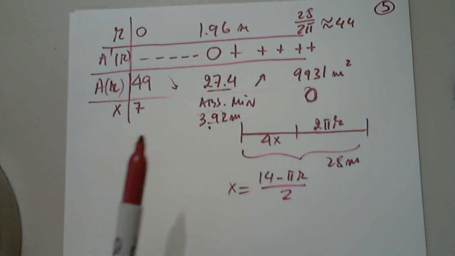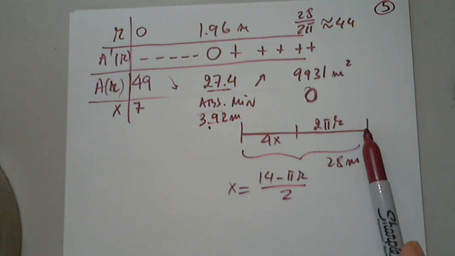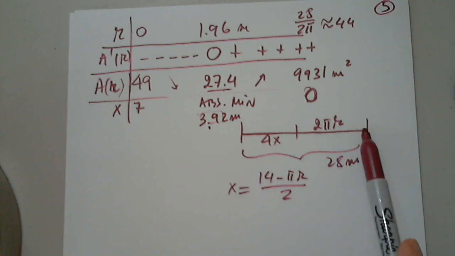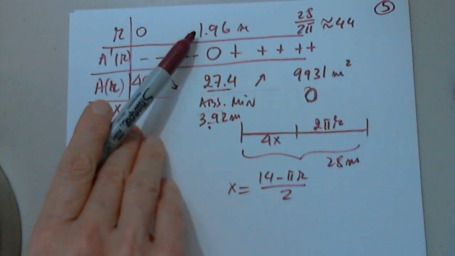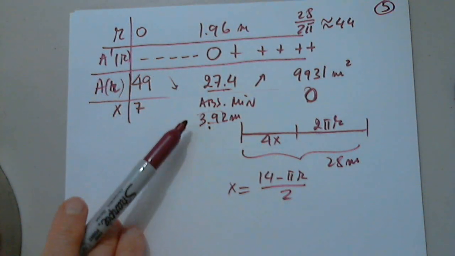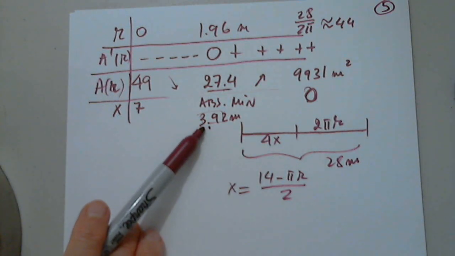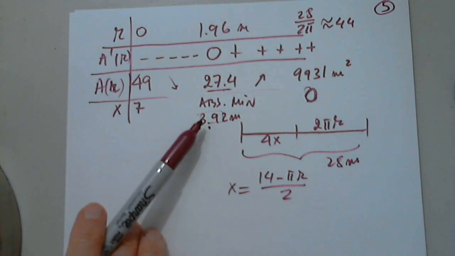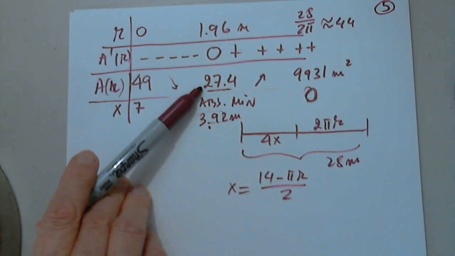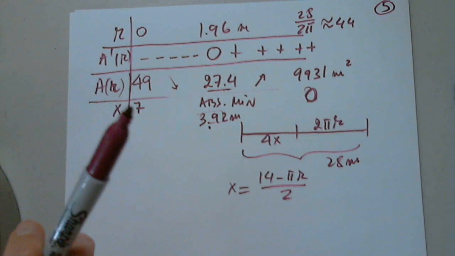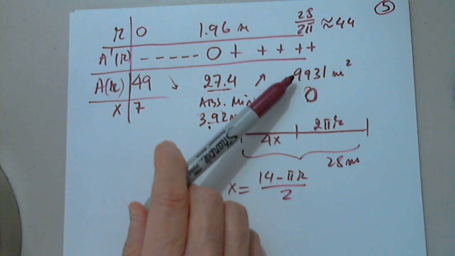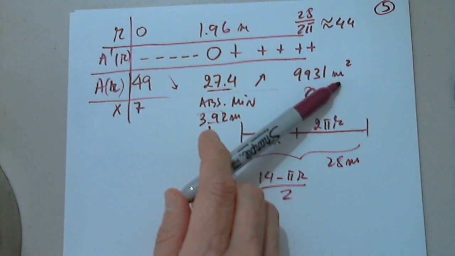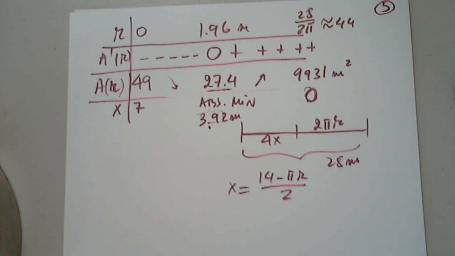So the maximum in this case is obtained when the whole thing is bent into a circle, and the minimum is when the radius is 1.96 and the length of the square side is 3.92. The minimum area will be 27.4 square meters. If we bend everything into a circle, we have the absolute maximum of 9,931 square meters. Very interesting problem. Any questions on this?